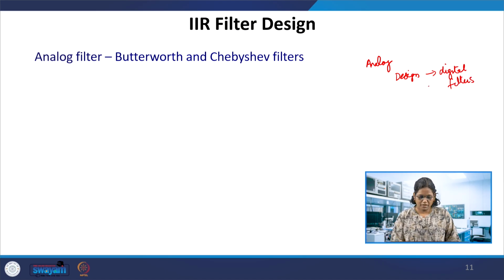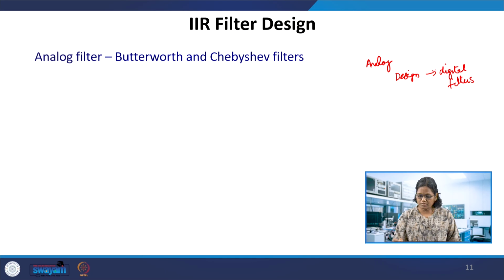This is the type of filter design we are going to use in the IIR filter design. In that case, we have the specifications in the analog domain, and the design is done as analog filters, such as Butterworth and Chebyshev.